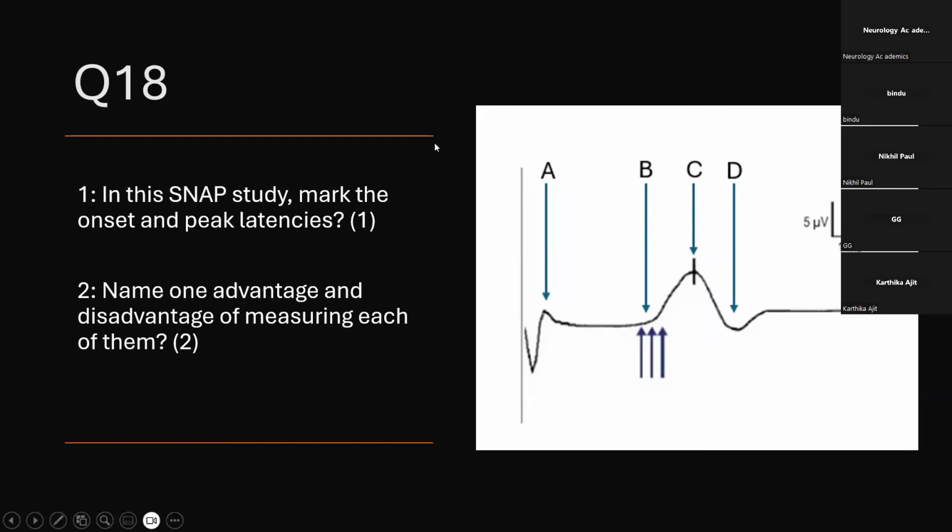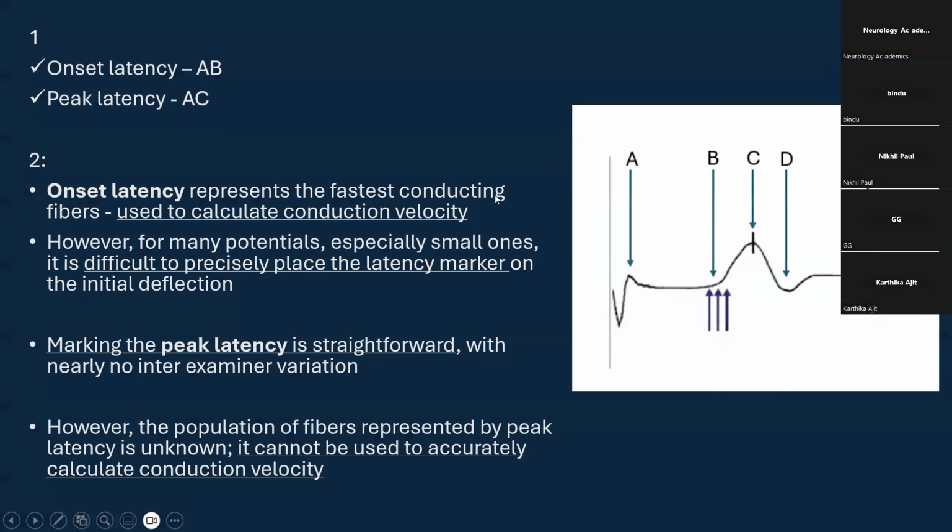In this SNAP study, onset and peak latencies you have to mark. Onset latency is AB, and peak latency is AC. Usually, the onset latency represents the fastest conducting fibers, and it's used to calculate the conduction velocity.